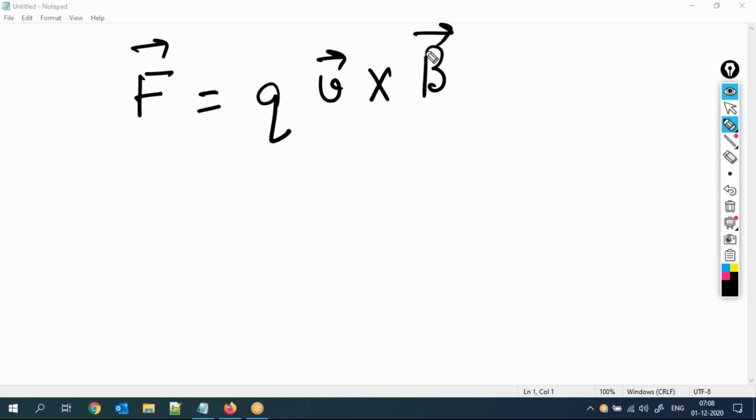And you people should not write without the vector sign. In books, you will see written E equal to, what will be E? Can anybody tell me? E equal to field equal to?